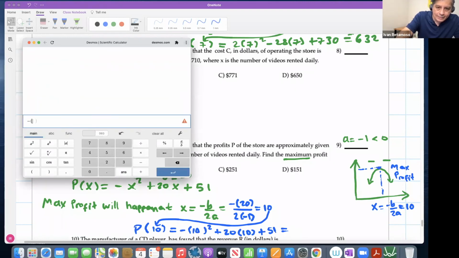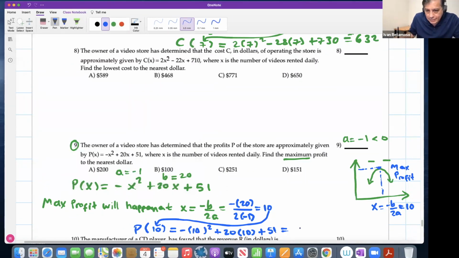Minus 10 squared plus 20 times 10 plus 51, 151, right? In the end, feel free to attach the units, $151, right, for the maximum profit.